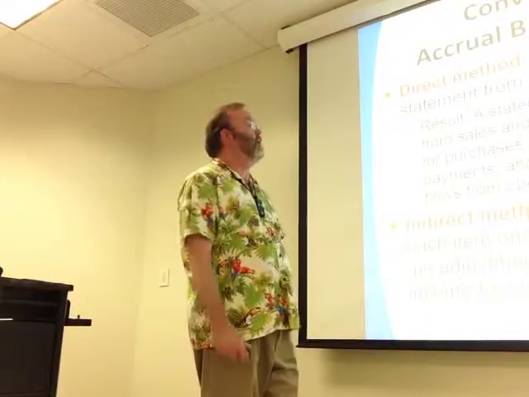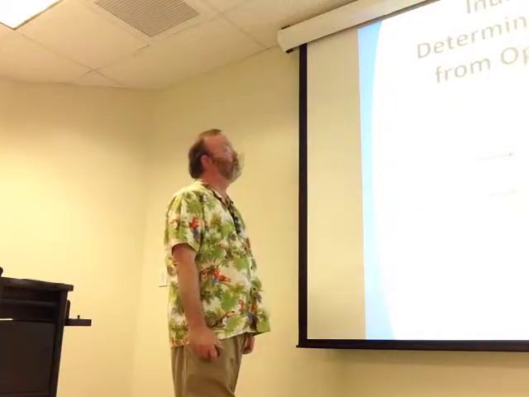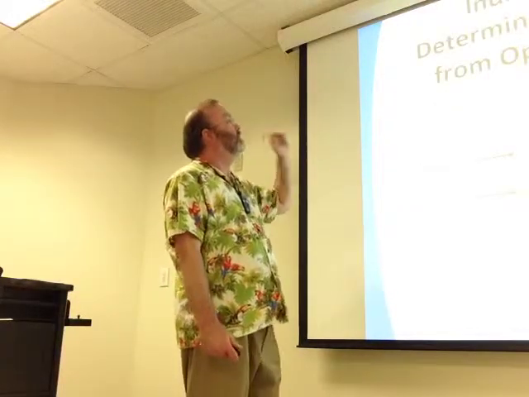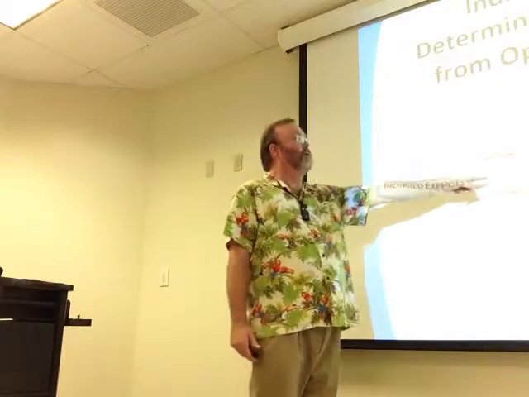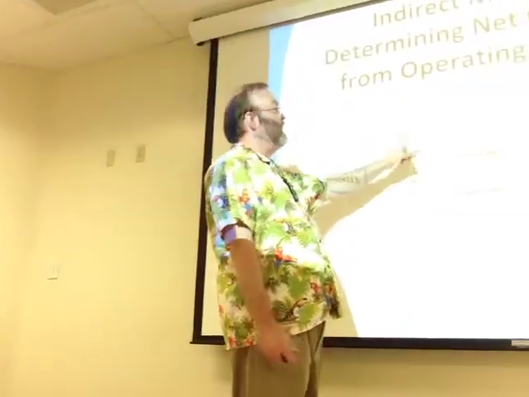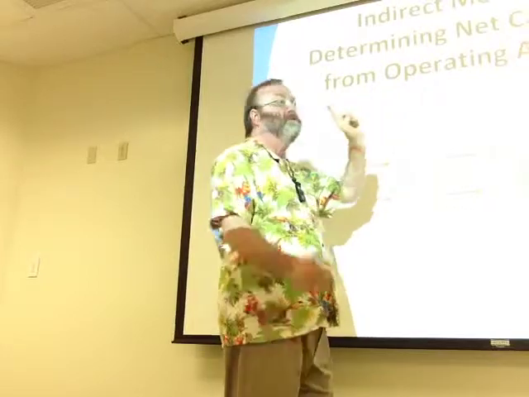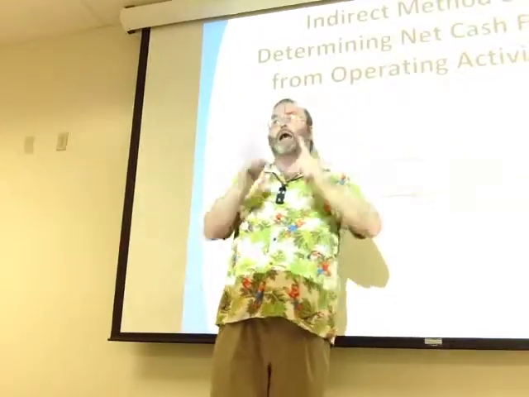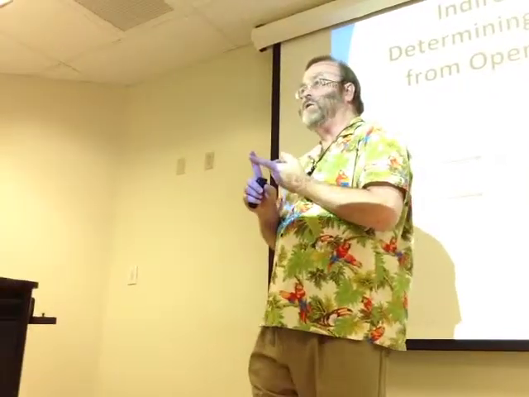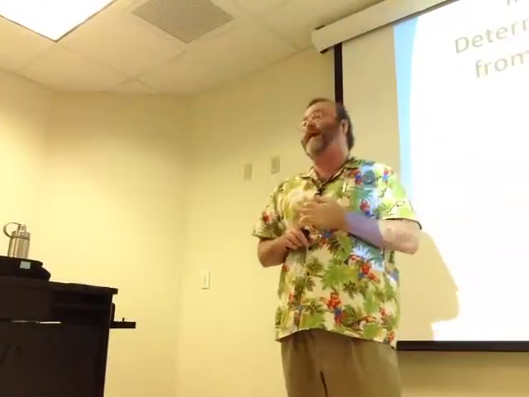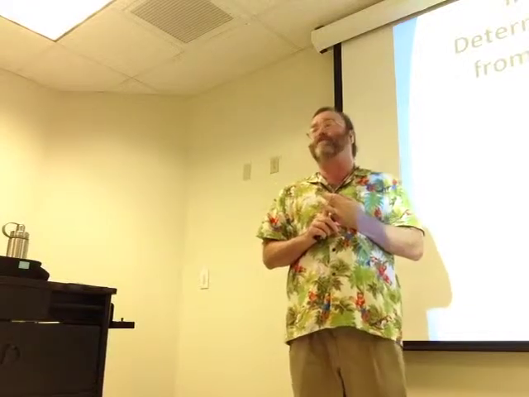We'll be doing the indirect method. The indirect method is where you start with net income. You make reconciliations, adjustments for non-cash or non-operating items. So we'll add back the depreciation, add back the loss on the property, plant, and equipment, and deduct the gain on investments.